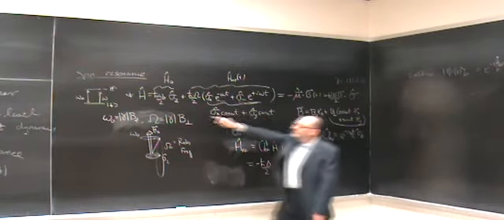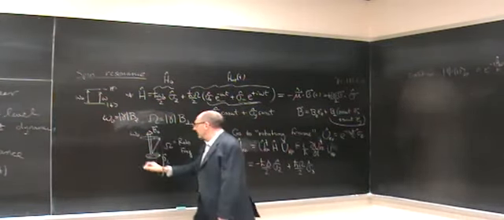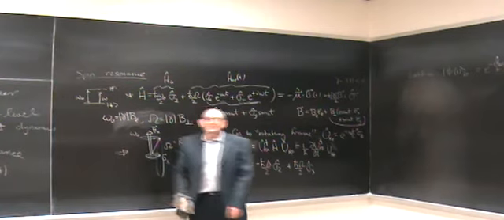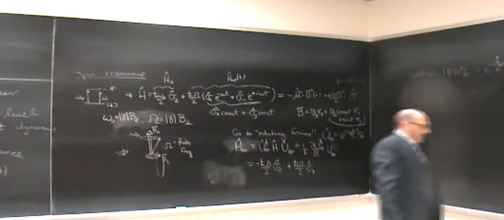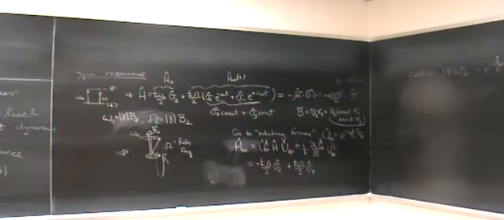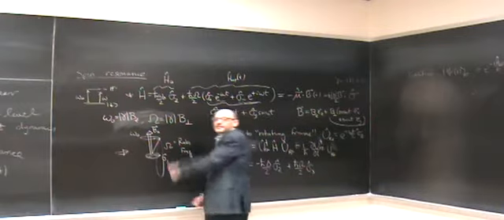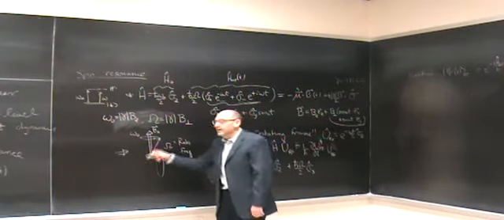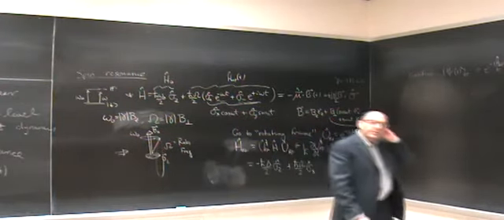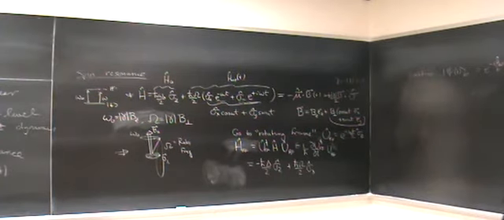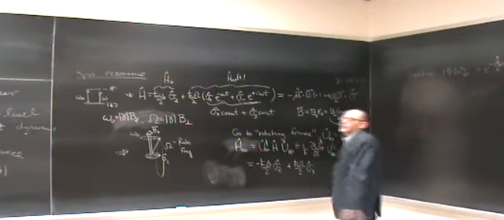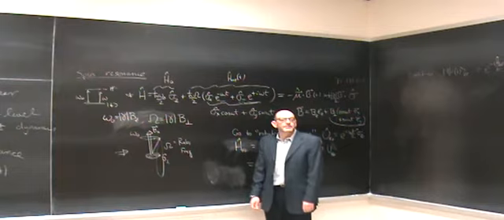So this quantum problem maps onto this gyroscope-like problem where there is a static magnetic field along the z-axis and a rotating magnetic field in the xy plane. And that is the problem of magnetic spin resonance.